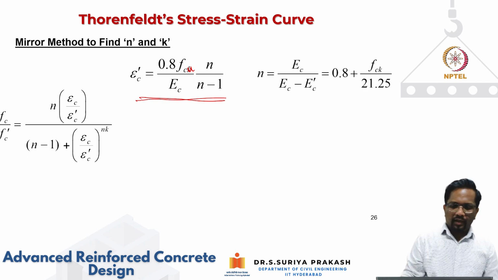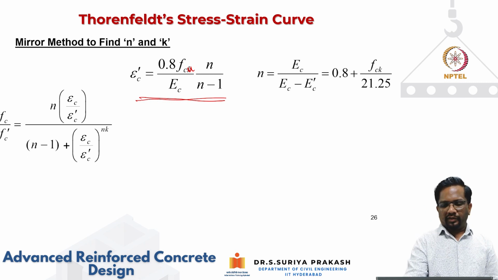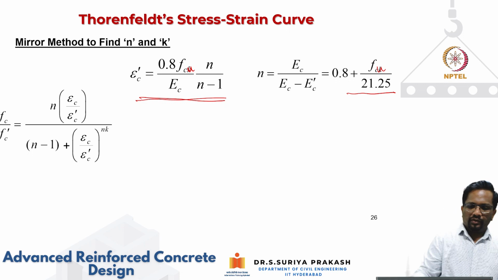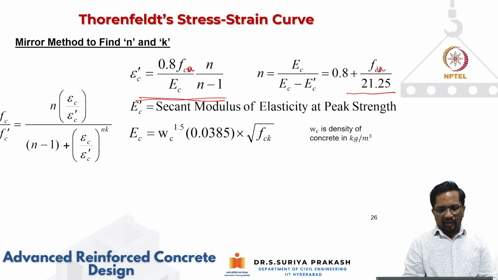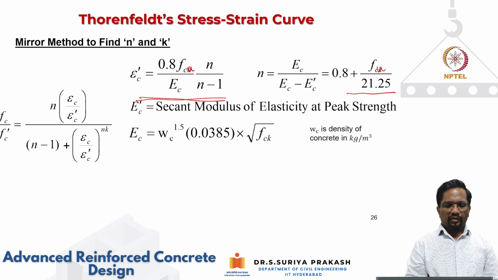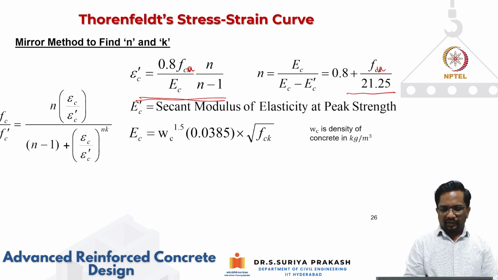Similarly, n is also given as a function of your compressive strength, and you can write this with cube strength because we deal with cube strength. If you give the cube strength, the n value can be given. Similarly, Ec can be defined, which is basically the elastic modulus of concrete, and E prime c is nothing but your secant modulus of elasticity at peak strength.